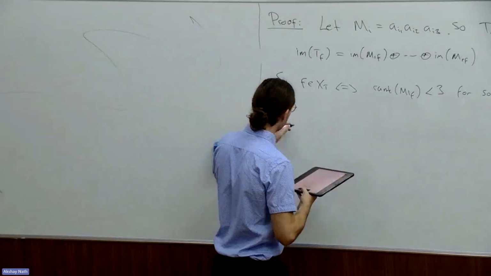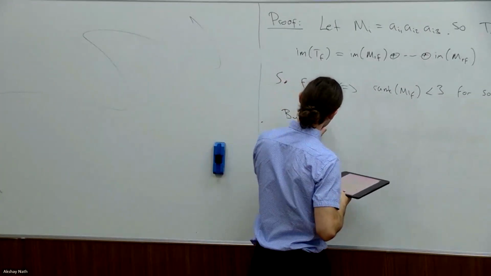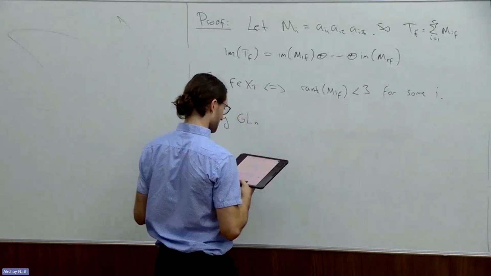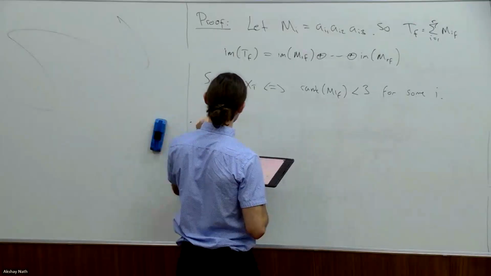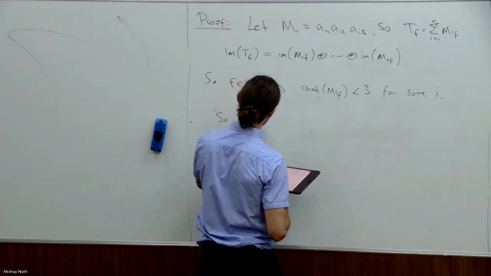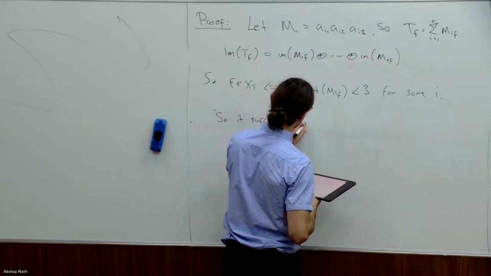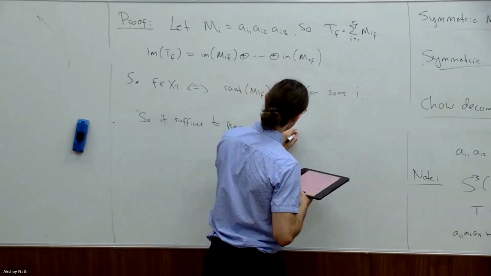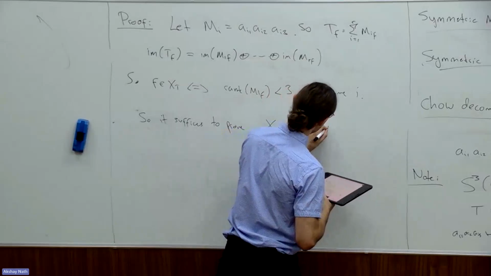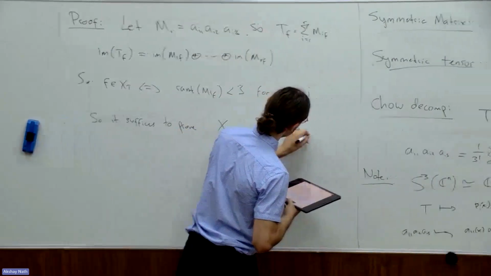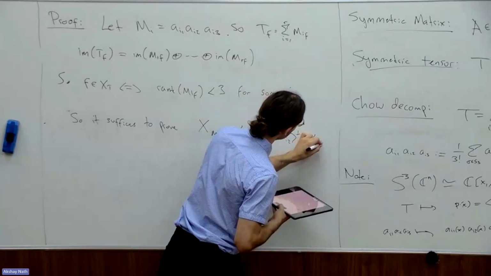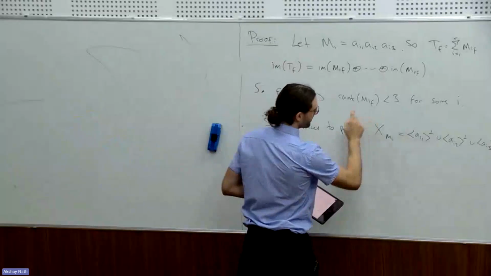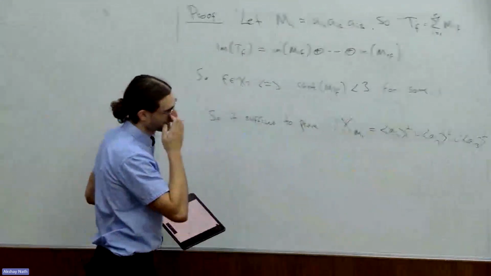By symmetry, it suffices to prove that the contraction variety of M_i is A_i1 perp union A_i2 perp union A_i3 perp. The things that make M_i f drop rank are exactly these.